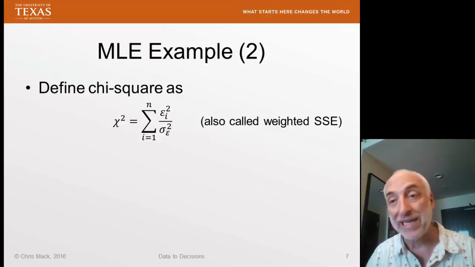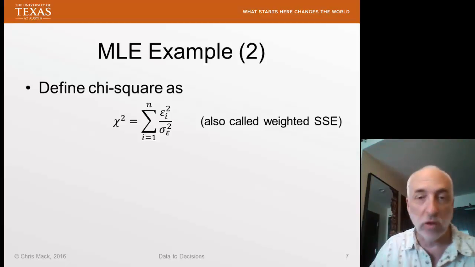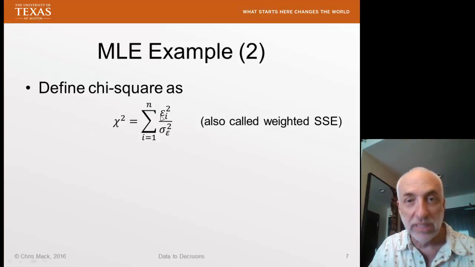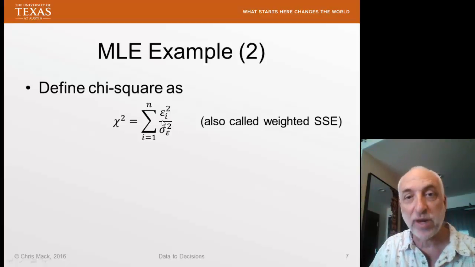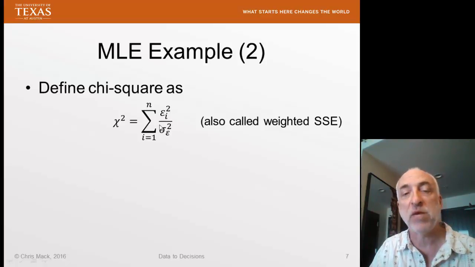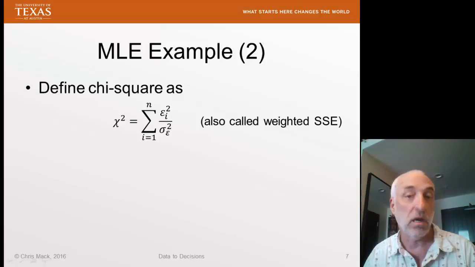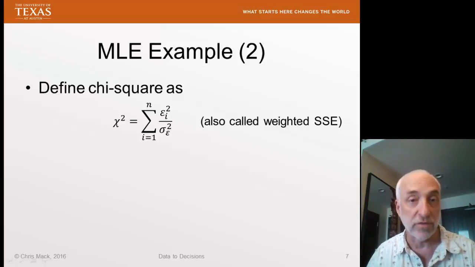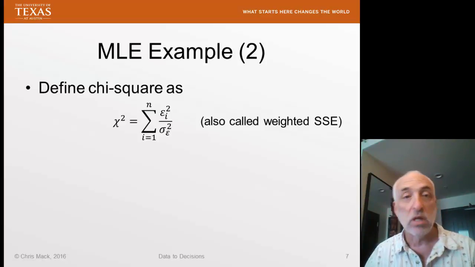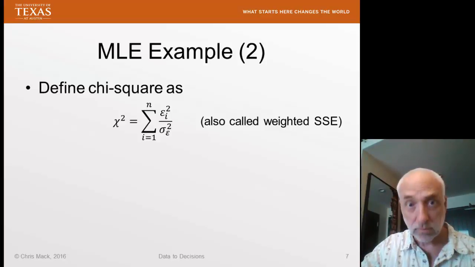It's also called the weighted sum of square errors. So epsilon, the true residual, is the error squared. Here's the sum of the square errors. Now I'm weighting that sum of square errors by dividing by the variance of the residuals, the true value of the variance. So this is the chi-square.